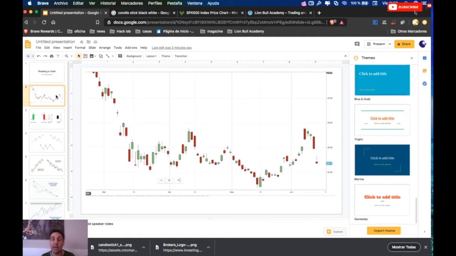Many different types of charts exist, but the most used is with candlesticks.